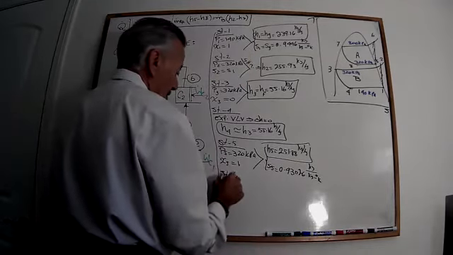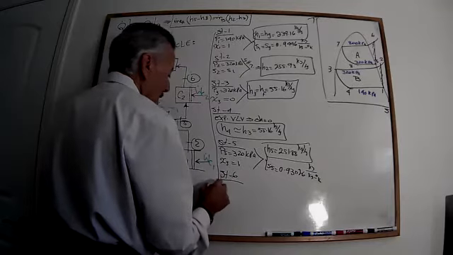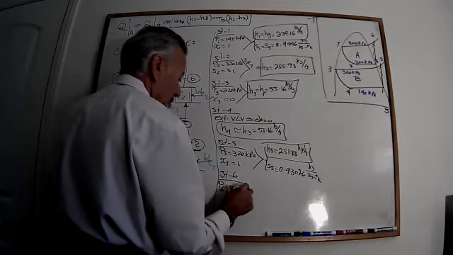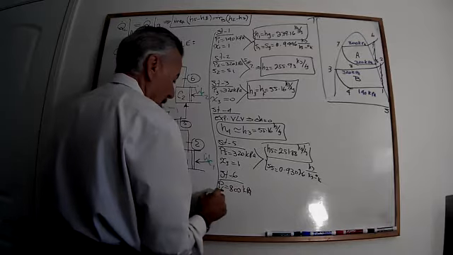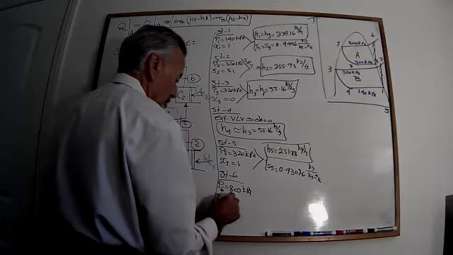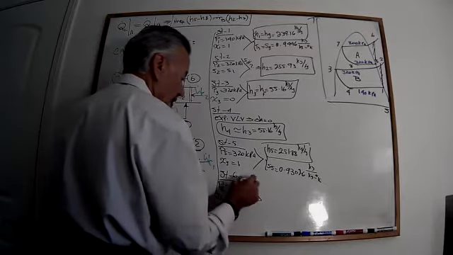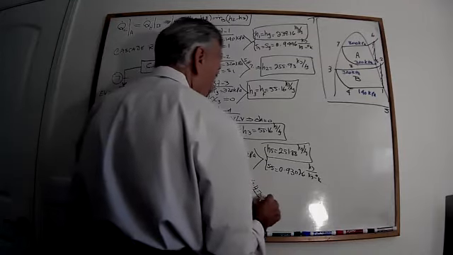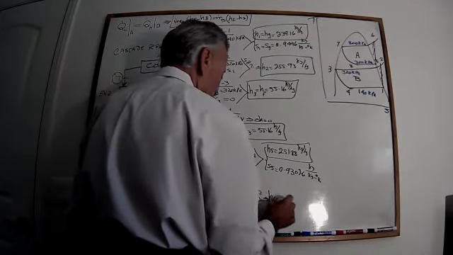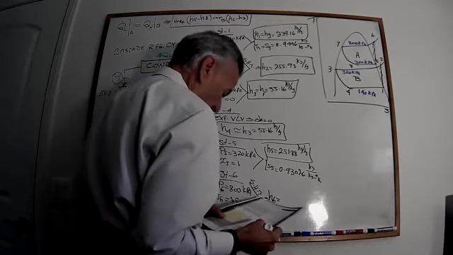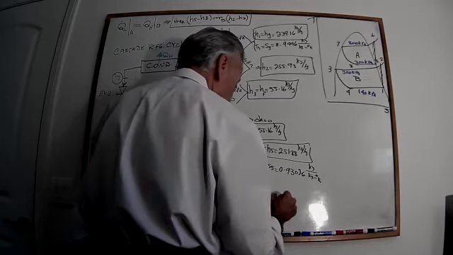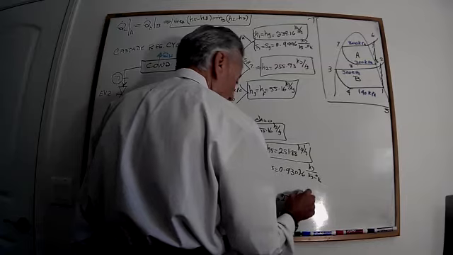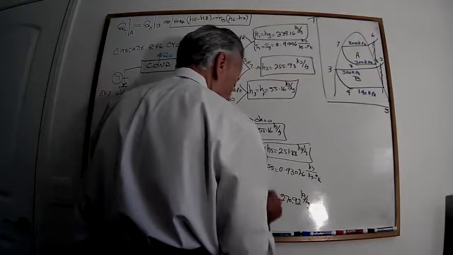At state 6, we have P6 equal to 800 kilopascal, and S6 is equal to S5. Now we go to superheater table and we find H6. H6 value is 270.92 kilojoule per kilogram.